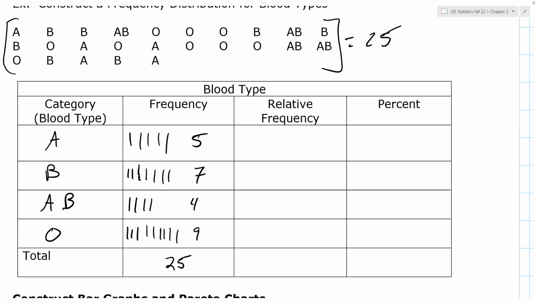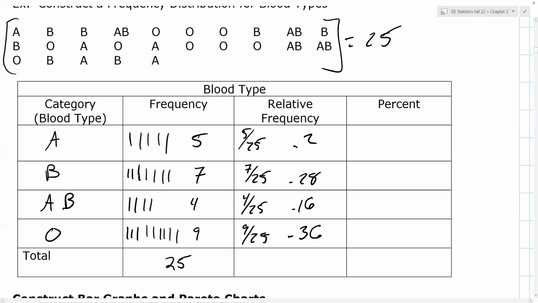So take that time, go through, count the raw data, make sure it matches your frequency total before you move on. Next, again, we go through and we find the relative frequency of all of these. And then we can turn them all into a percent.